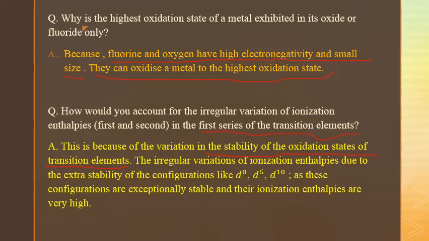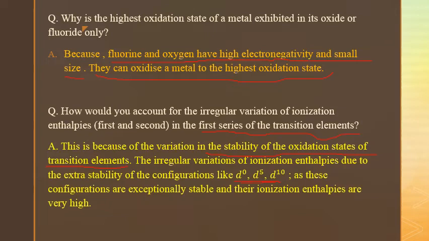The irregular variation of ionization enthalpies is due to the extra stability of the configurations, because in 3d series most of the time we can find some oxidation states or configurations of the d block elements, like the stable configurations d0, d5, d10. As these configurations are exceptionally stable, their ionization enthalpies are very high, because to remove an electron from these exceptionally stable configurations we require much energy.